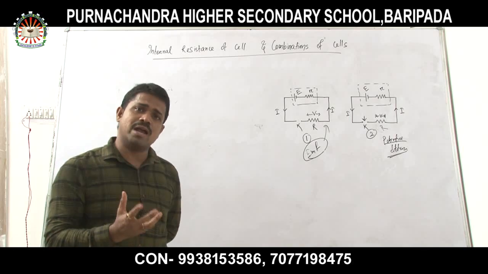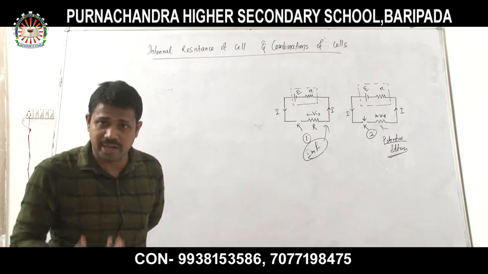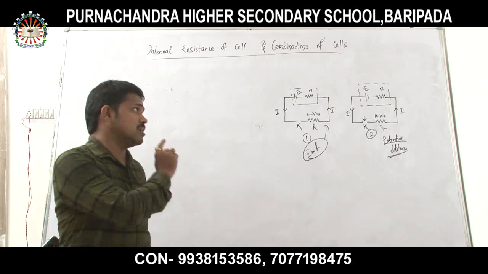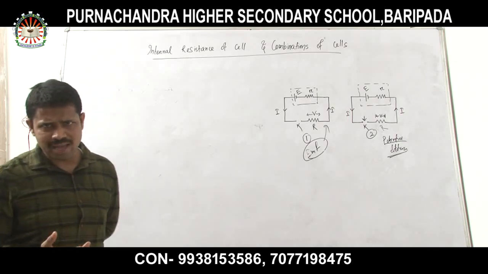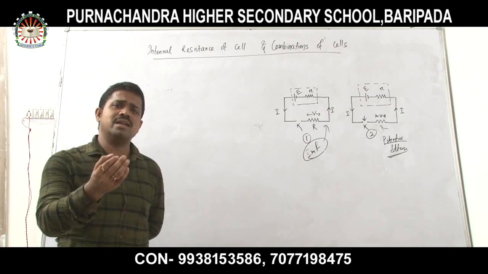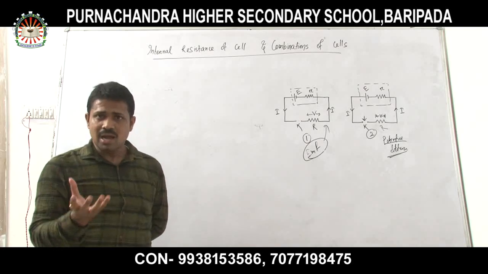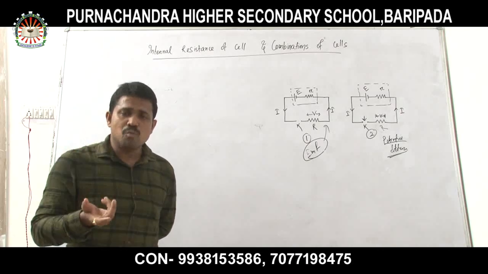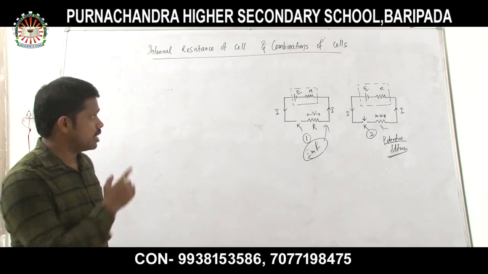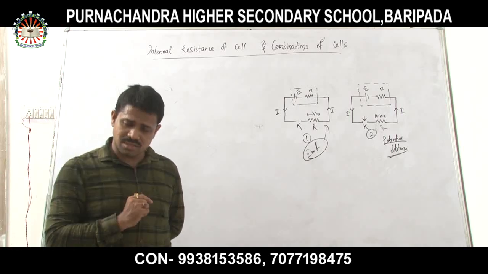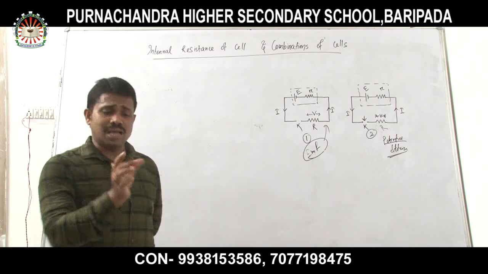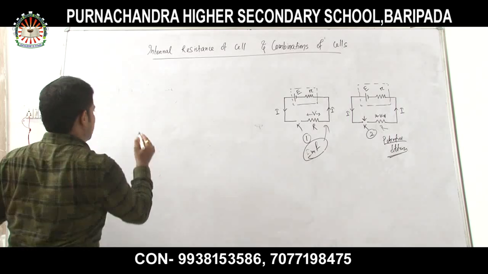Because if the electrolyte is more conductive, then the internal resistance of the cell obviously decreases. Internal resistance of the cell decreasing means the electrolyte becomes more conductive. Number one. Number two, the internal resistance also depends on the gap between the electrodes.